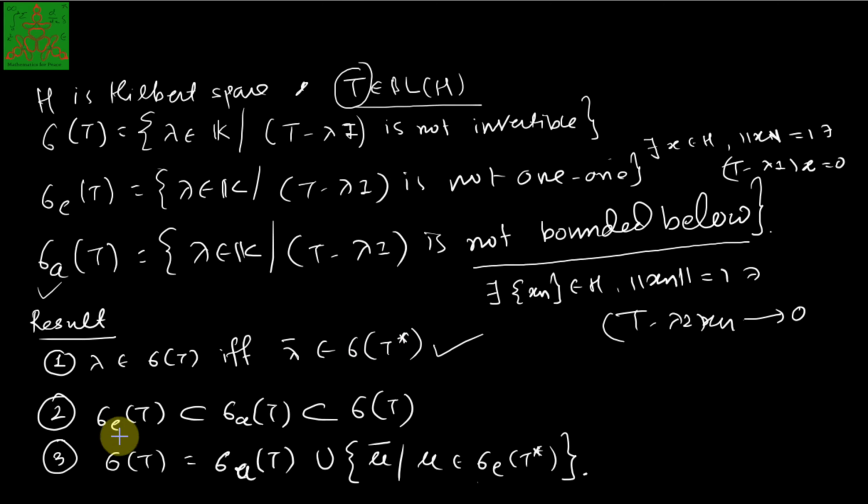Then we have discussed the relation between the eigen spectrum, approximate eigen spectrum, and the spectrum. The eigen spectrum is a subset of the approximate eigen spectrum, which is a subset of the spectrum of T. Then we have seen some results for a normal operator.